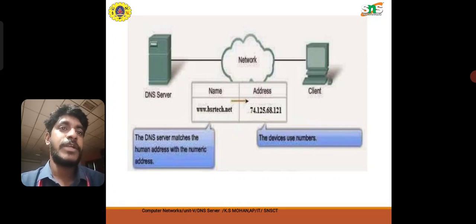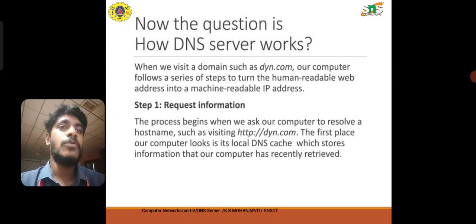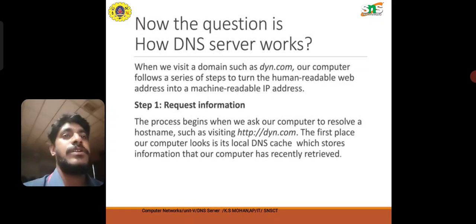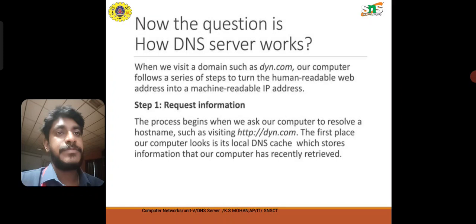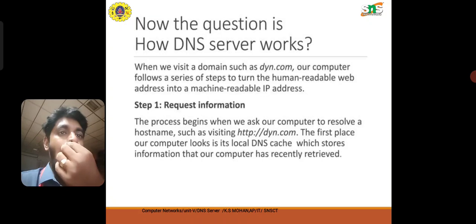Continuing on, how does a DNS server work? When we visit any domain, such as a .com, from our system, a series of steps turns the human-readable web address into a machine-readable IP address. First is the request information.